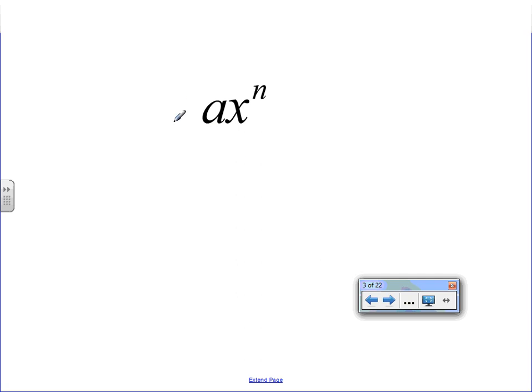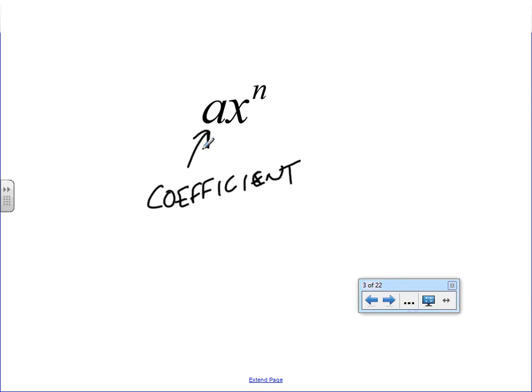Okay? Let's see, a little bit of terminology that we want to get under our belt. When we have any kind of expression like this, a times x to the nth power, word-wise, we call this a coefficient. It's just a number that's in front. So any kind of number that's multiplied, if I had like 3, that's a coefficient.